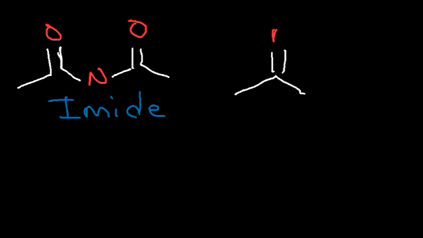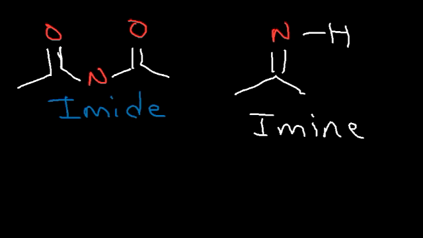Now, this looks like an anhydride, but with a nitrogen atom in the middle instead. This is called an imide. And you might see this in the Gabriel synthesis reaction of amines. It's in the form of phthalimide. Now, this is called an imine, and you'll get this whenever you react a ketone with ammonia or a primary amine.